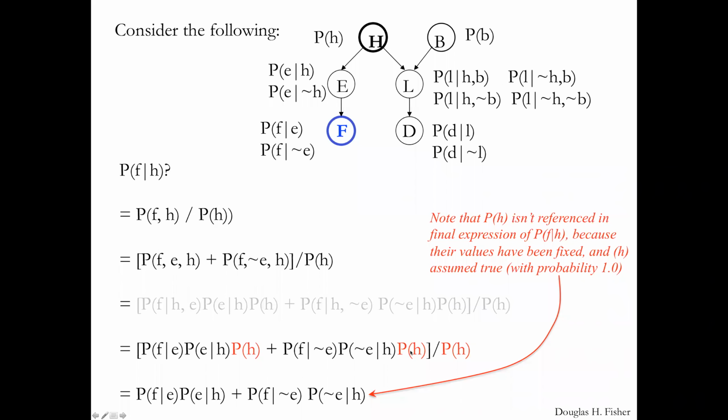So these are the expressions in terms of only the probability tables. And again, the probability of H's cancel out, which in this final expression is indicative of the fact that H's value is already set. So the probability of any particular H value is not relevant here because we know its value. It's little h.